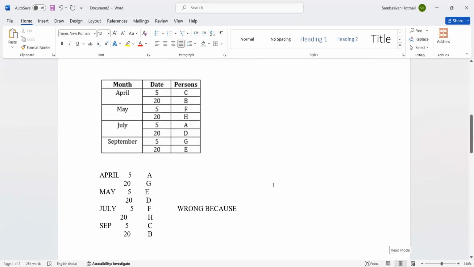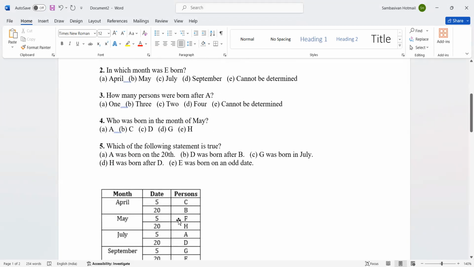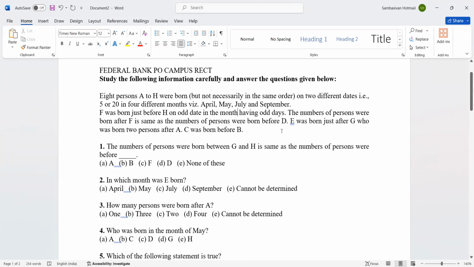What are the conditions that are getting fulfilled? F was born just before H on an odd date in a month having odd days. He was born on 5th, and May has 31 days, which is odd.